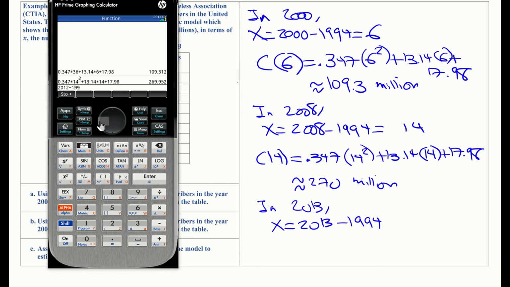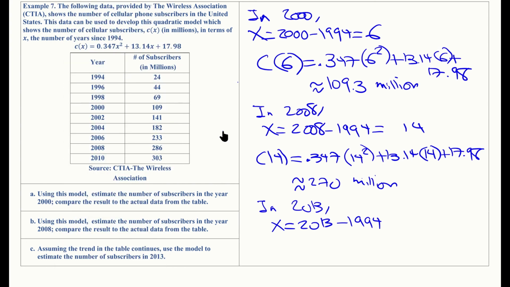Okay, let's go fix that. 2013 minus 1994. We end up with 19. That's what I thought. Wanted to be safe. All right, by the way, what I meant was C of 14, so I left the opening parenthesis behind there. So now we're going to find C of 19.